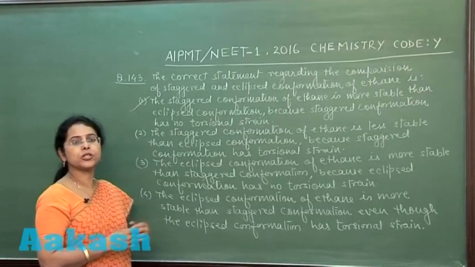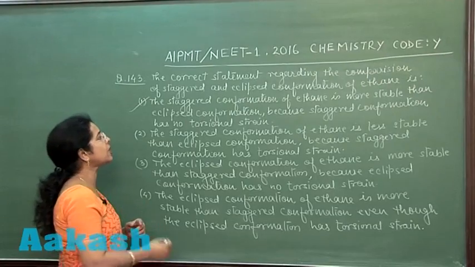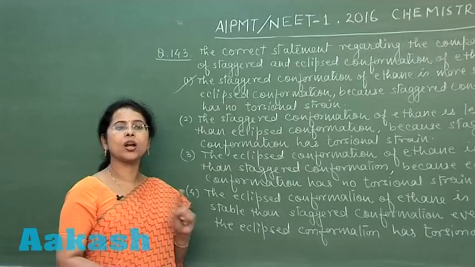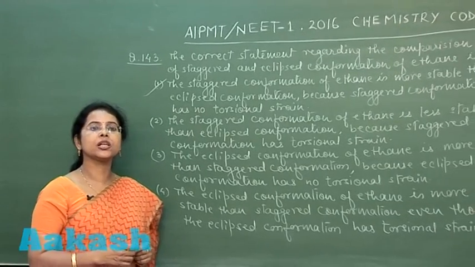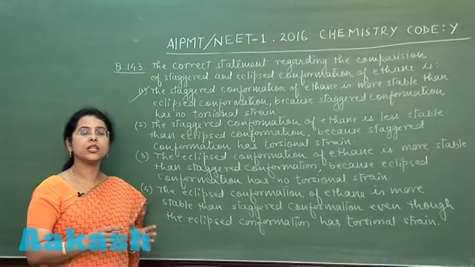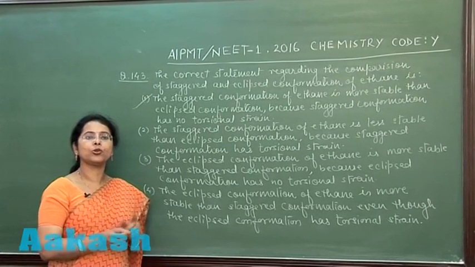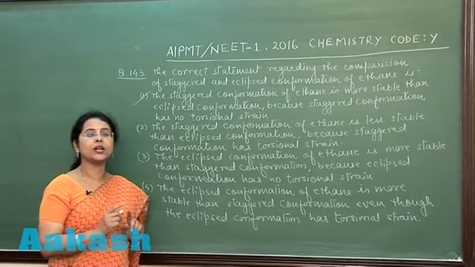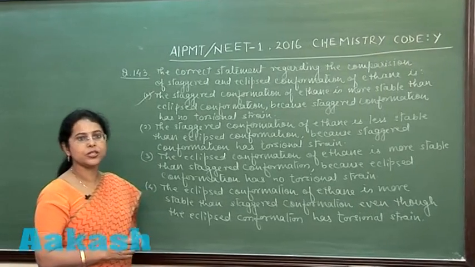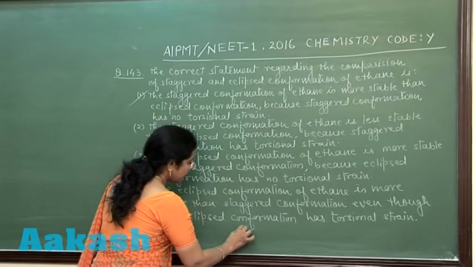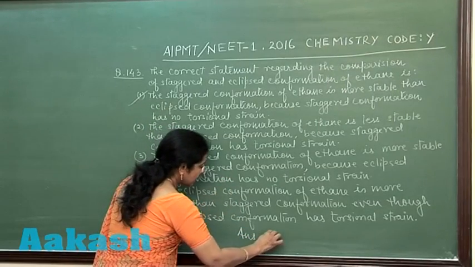And for your knowledge, you should know that staggered conformation is more stable because it does not have any kind of torsional strain. Torsional strain is the strain which is developed due to interaction of two bond pairs which are not directly bonded to each other. So the first option is the correct one. Answer is 1.